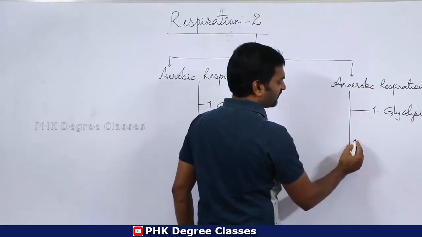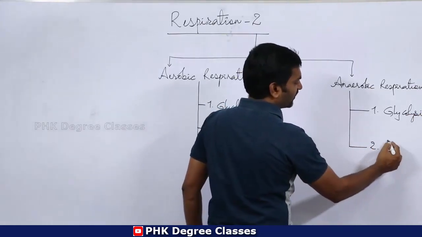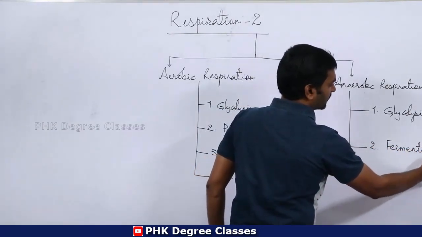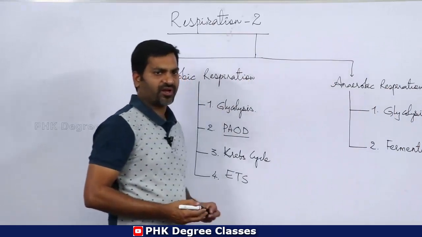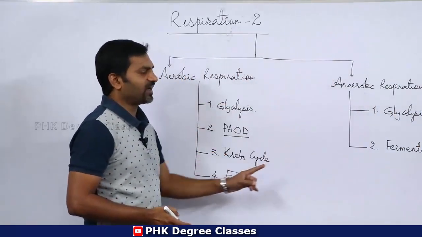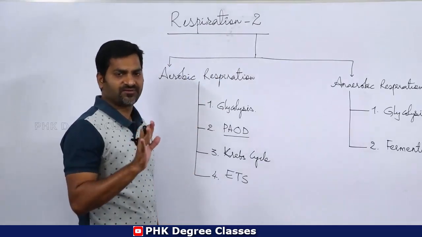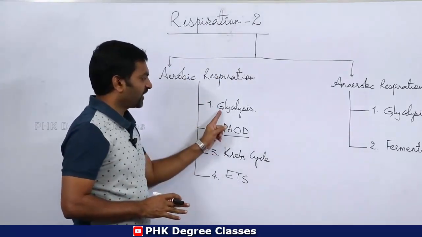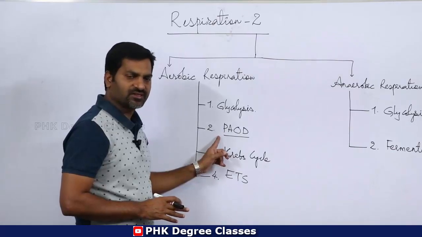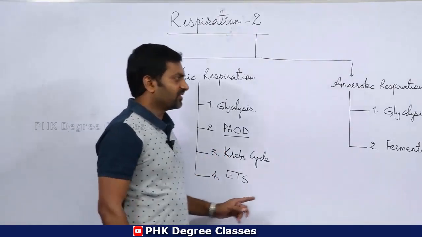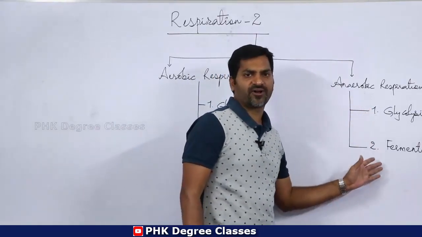The second step is fermentation. So this is the entire picture of respiration. We have to study glycolysis, pyruvic acid oxidative decarboxylation, the Krebs cycle, and finally ETS. Then for anaerobic respiration, glycolysis and fermentation.